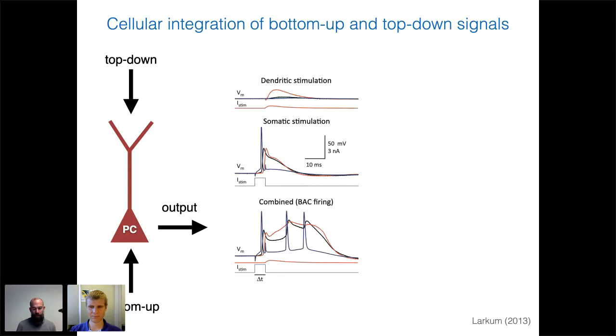And what Matthew Larkum has shown in the late 90s is basically the following phenomenon: if you target the dendrite alone, Matthew is the master of dendritic patching, right? So if you just go ahead and stimulate the distal dendrite, then you get these sorts of events in the dendrite, much weaker in the soma.